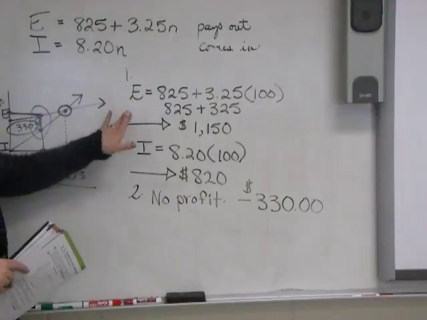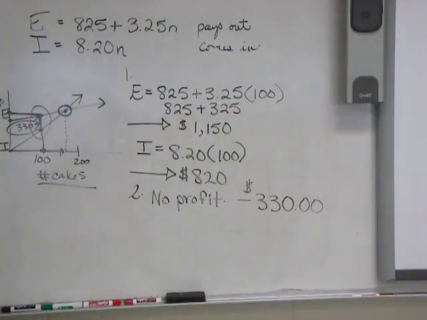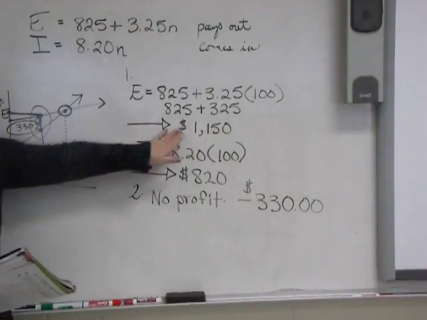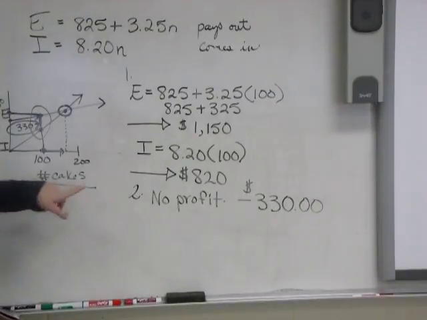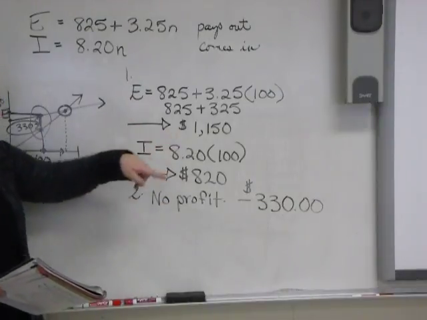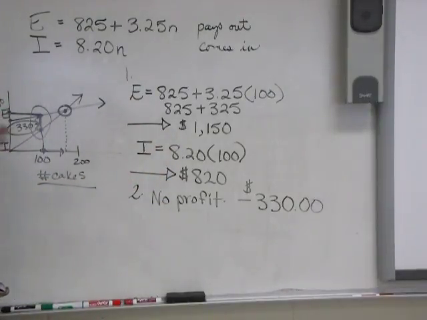Or you could have done it just like we did here and plugged it into those equations for expenses and income, which will give you exact numbers, and you won't have to guess if you fall between an interval on a scale that might be 50 points apart or 70 points apart. If you use the equations, you're going to get exact numbers. You won't have to guess where they might fall.